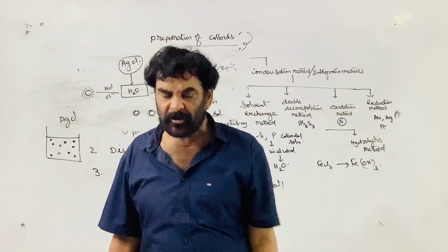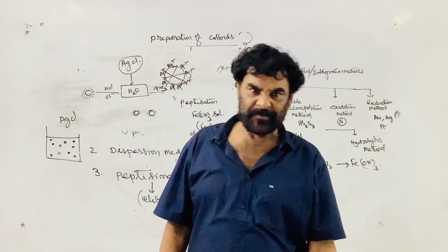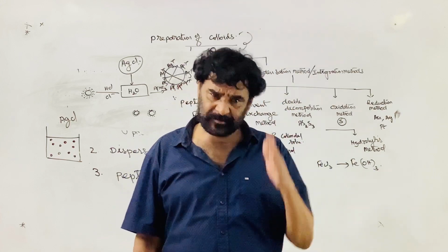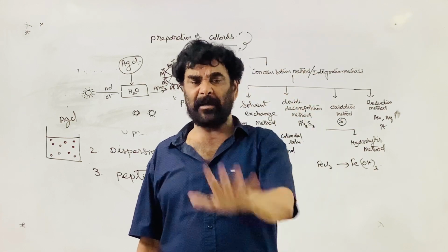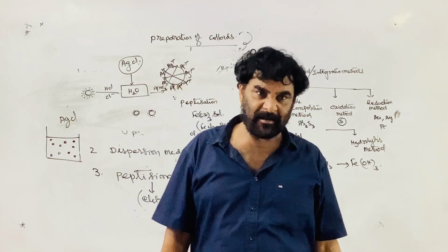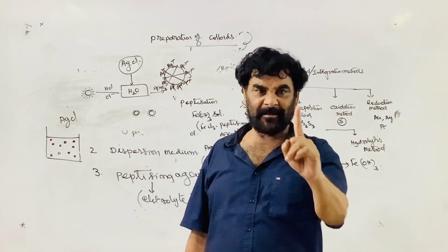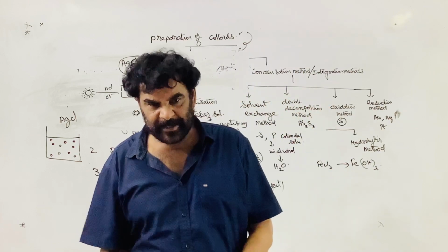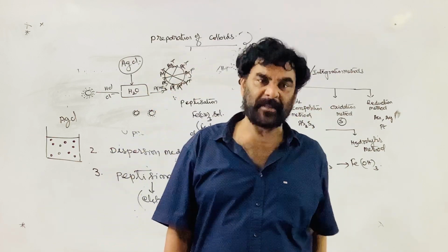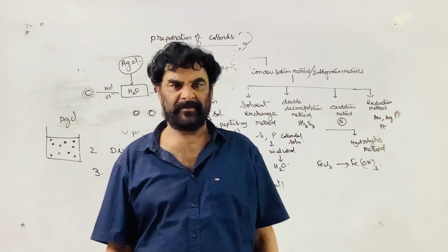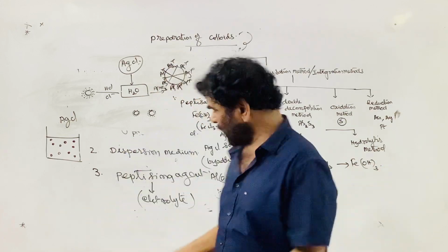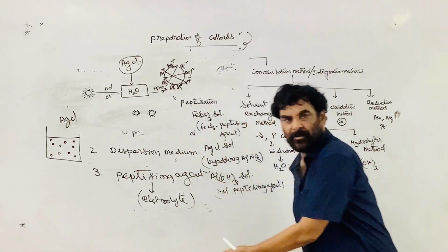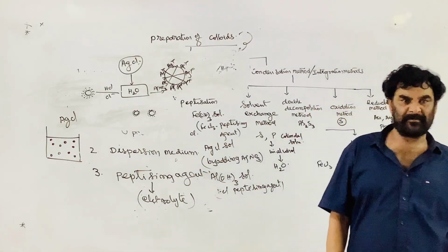Recollect your chemistry: in the third group, if a white precipitate is formed and it is further soluble in excess sodium hydroxide, that indicates the presence of Al3 plus ion in the given salt. The white precipitate dissolves in the sodium hydroxide due to the conversion of the precipitate into a colloidal solution.